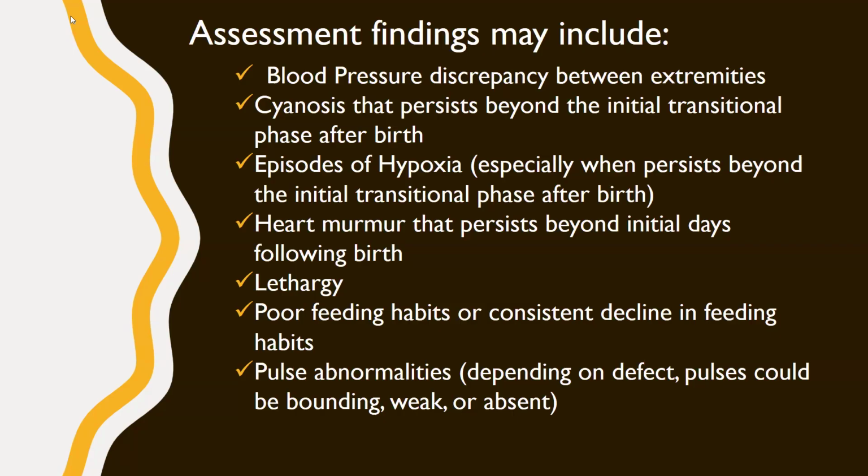Depending on the defect, the pulses could be bounding, weak, or absent. Those are some assessment findings that you could potentially find in the newborn population with a congenital heart defect. If you guessed any of those, great job.